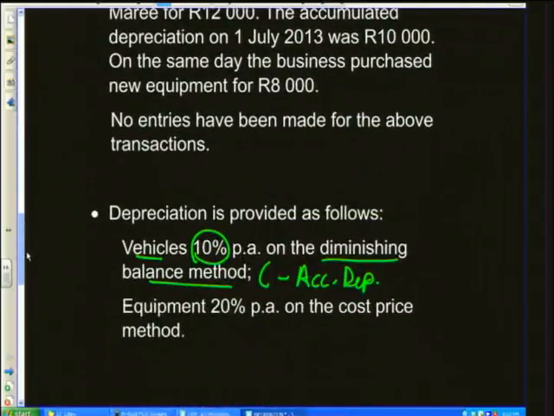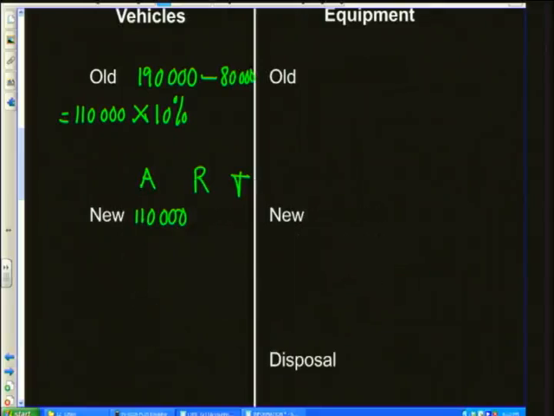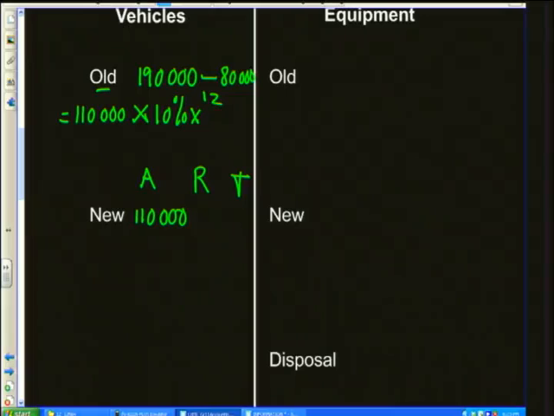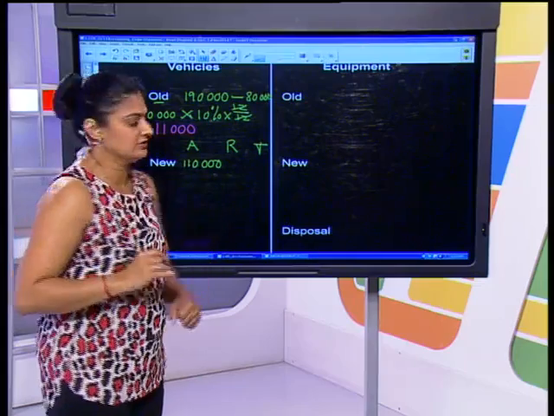Yeah, there we go. It was 10%. Okay, so that's fine. And then remember, the old vehicle would have been used for the entire financial year. So I've used it for the entire year, which obviously cancels out. So the amount of depreciation I need to write off on my old vehicle would be an amount of 11,000. Okay. Got it, guys? Easy, not difficult.